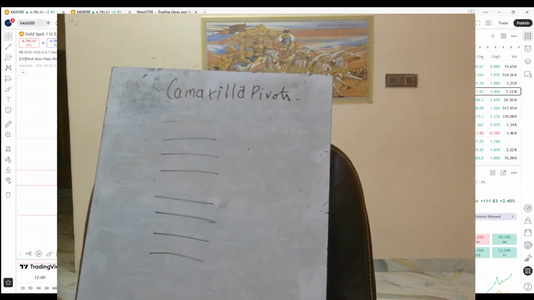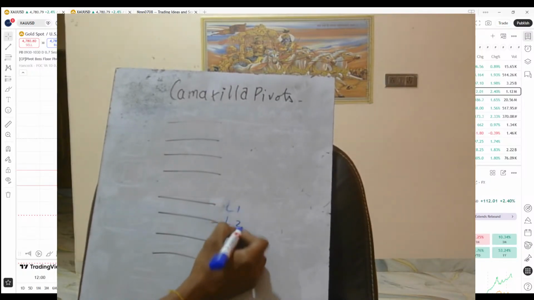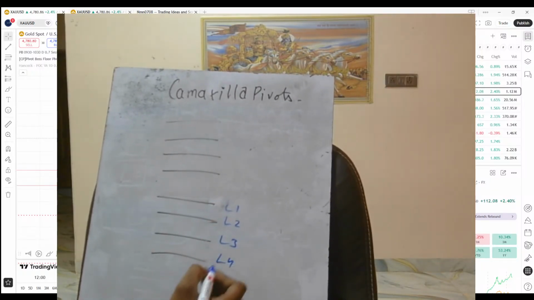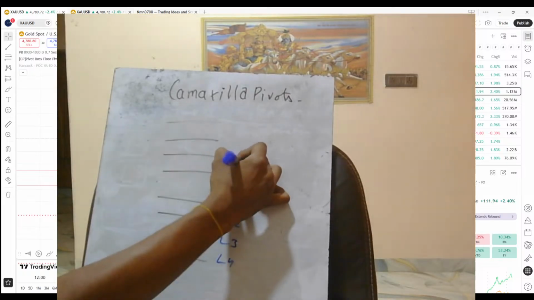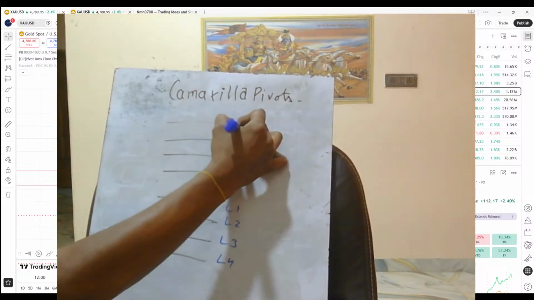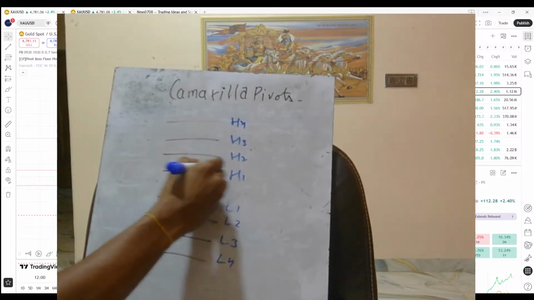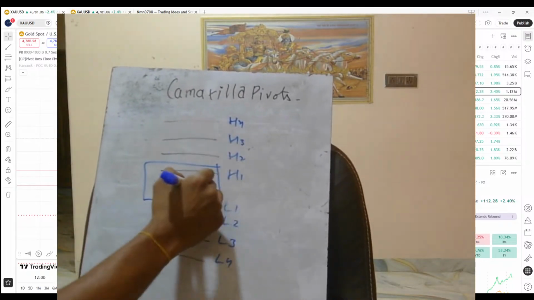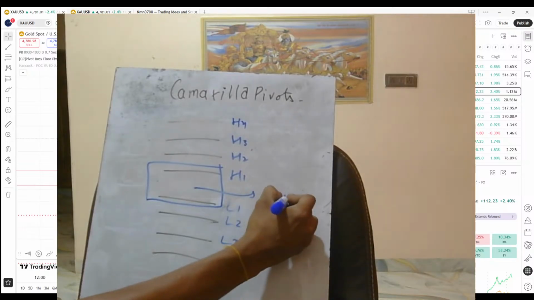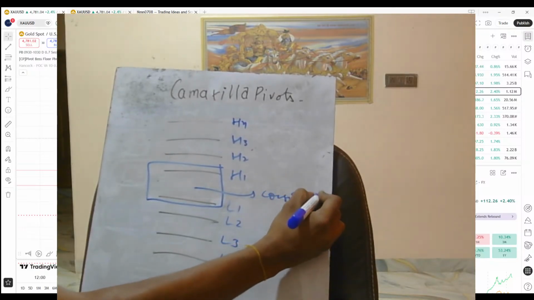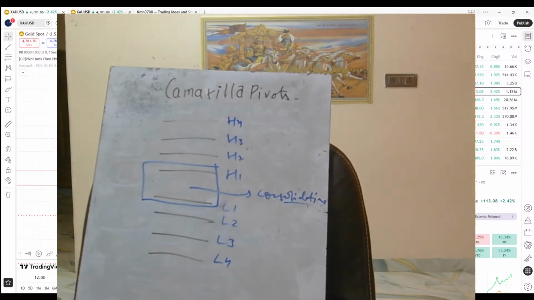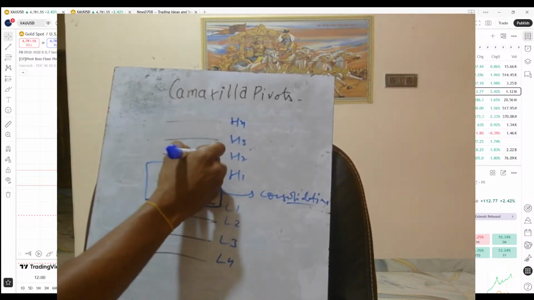The lower layers are called L1, L2, L3, L4. The upper ones are called H1, H2, H3, H4. When the opening happens in this layer, this says consolidation.